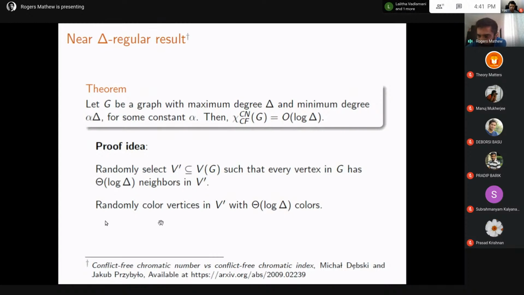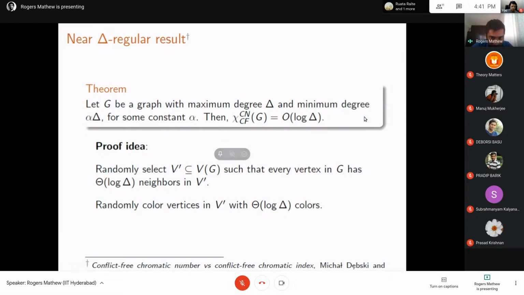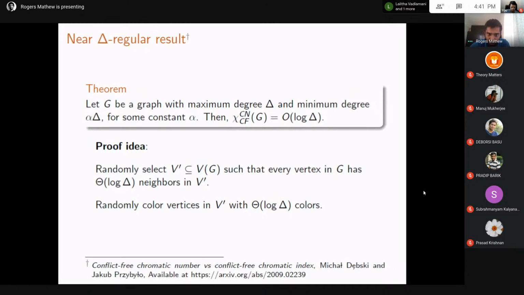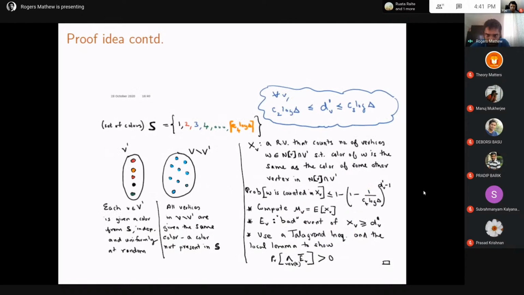And then you can show that the probability that this is a conflict-free coloring is greater than 0 or something. So it's a probabilistic proof. So that's the outline of the proof of this recent paper. I actually had 2 slides, but I will skip that. Even that does not convey much.